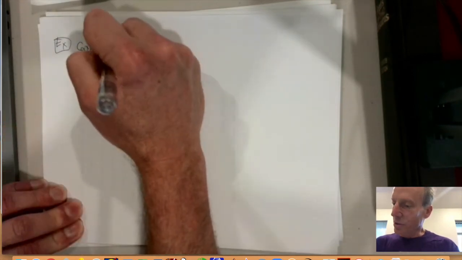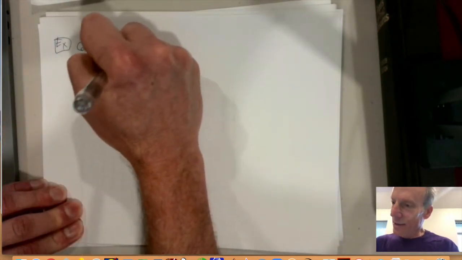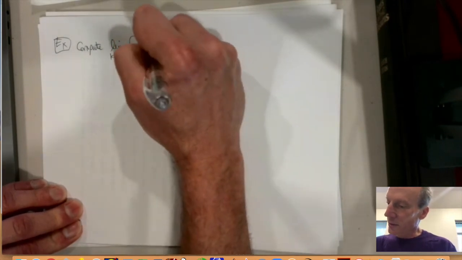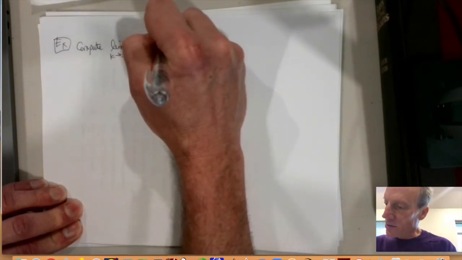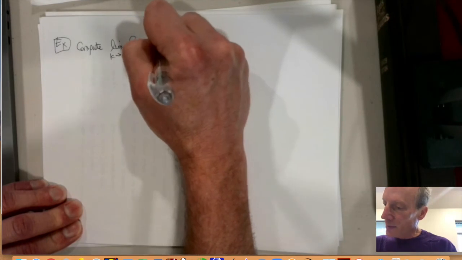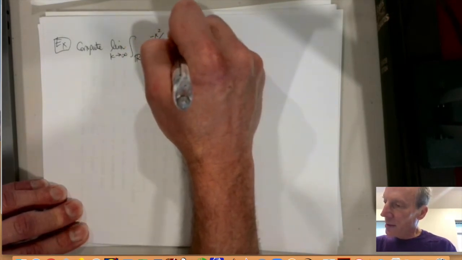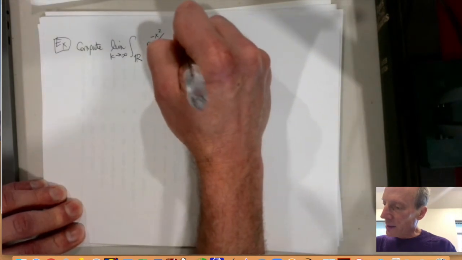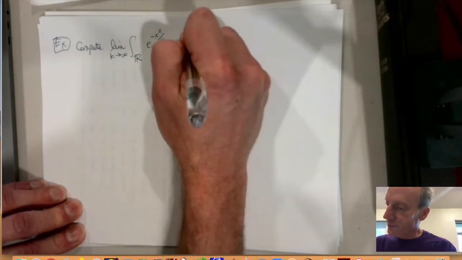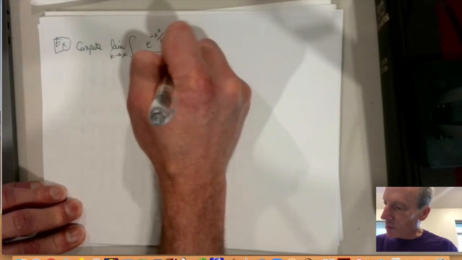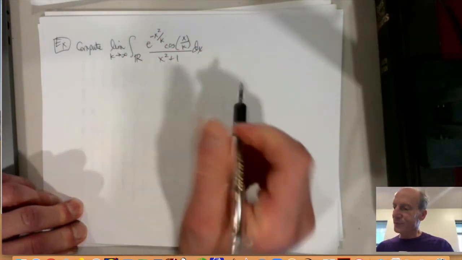So I want you to compute the limit as k goes to infinity of the integral over R of e to the minus x squared over k times cosine of x over k, all over x squared plus 1 dx.